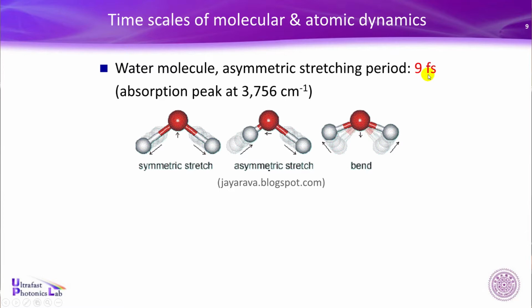So that means if you shine a laser beam on a water molecule, and if the wavelength is correct, then the wavelength will synchronize with the oscillating period. Then there will be strong absorption. The laser energy will be strongly absorbed by the water molecule. So as the output, you get a weak output signal.